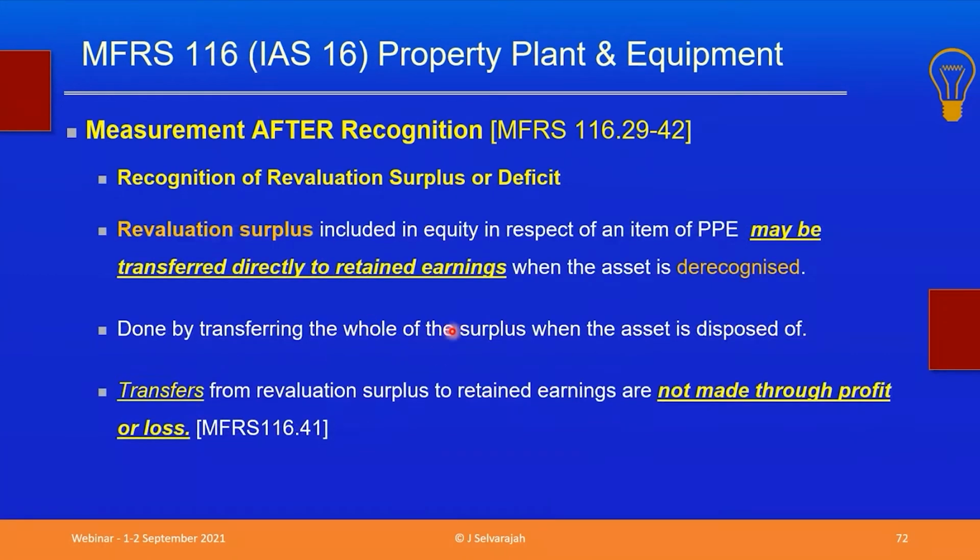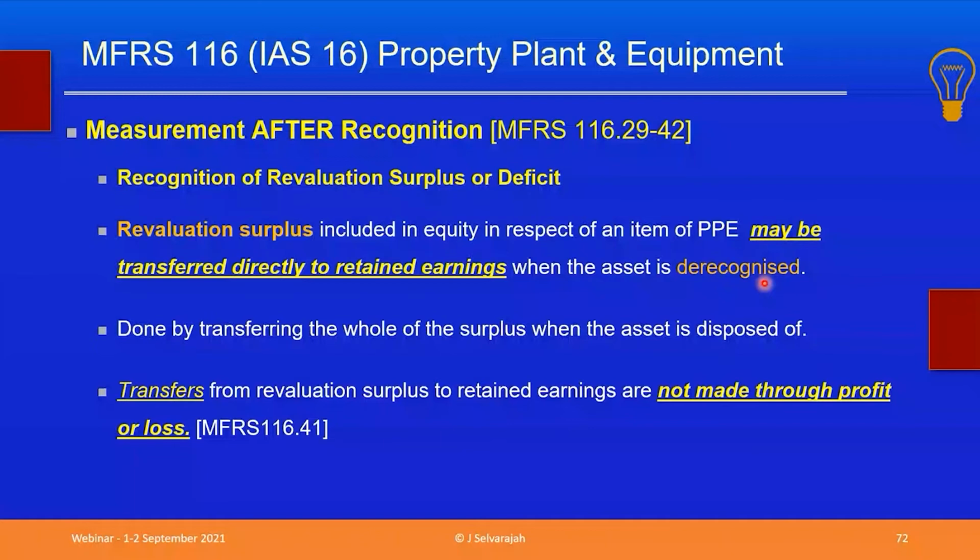Now, revaluation surplus included in equity for any item of PPE will be transferred directly to retained earnings when the asset is derecognized. So remember, your surplus on the PPE is sitting in the statement of changes in equity in one column called the revaluation surplus.